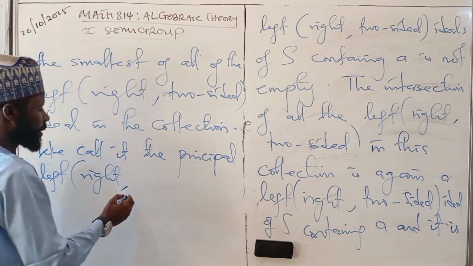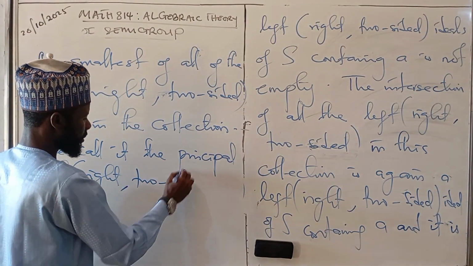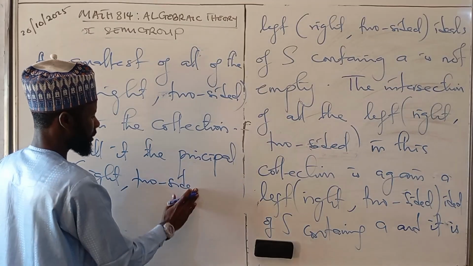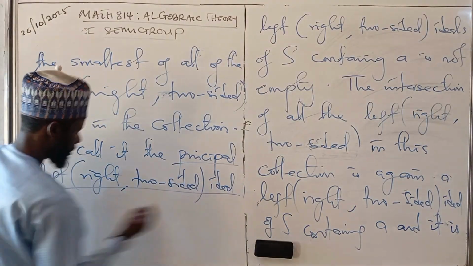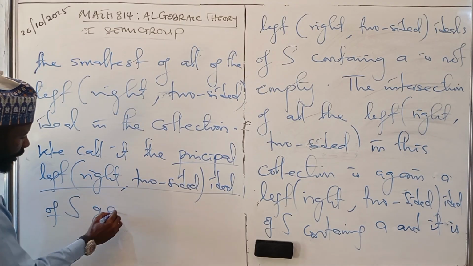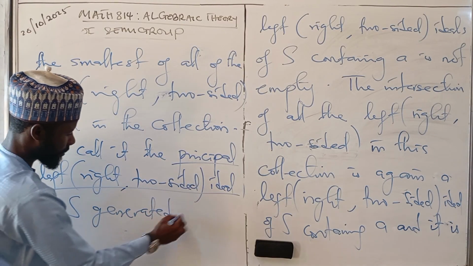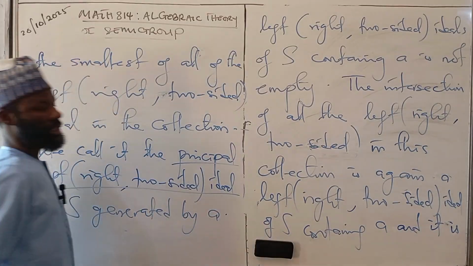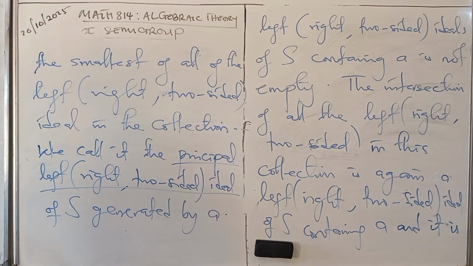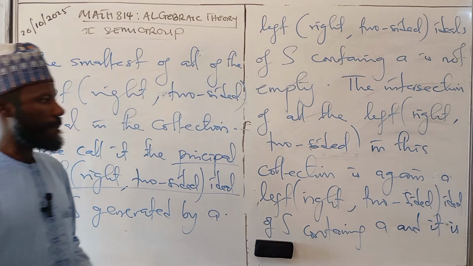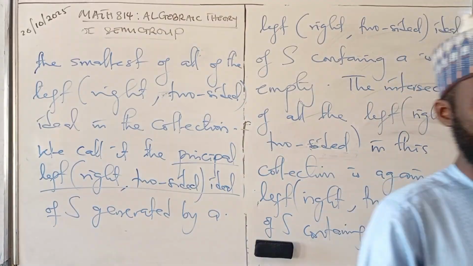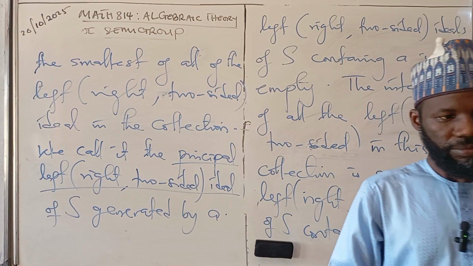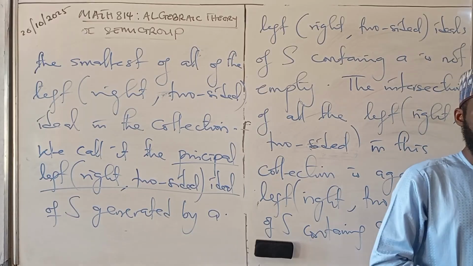If left, it is the principal left ideal. If two-sided, it is the principal two-sided ideal of S generated by the element A. The principal ideal generated by A is the intersection of all ideals of S containing A. Is that okay? Did you understand this concept?